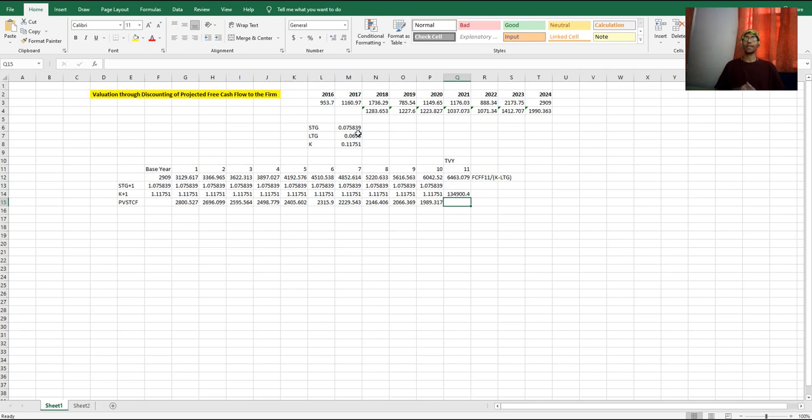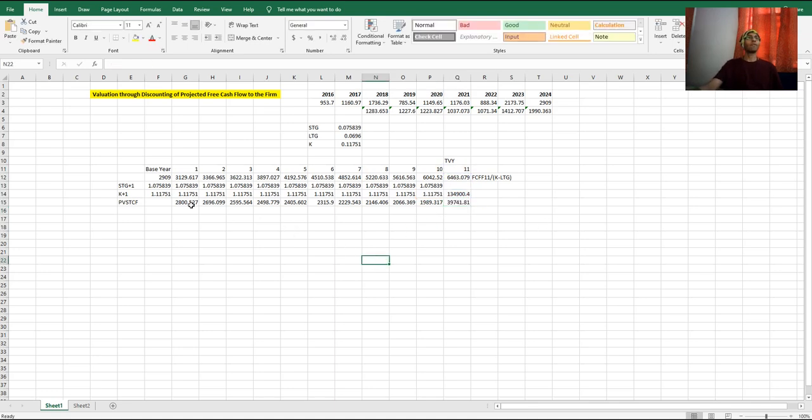Now we calculate our present value. How do I do that? Obviously, this is equal to the terminal value discounted for 11 years with respect to the cost of capital, divided by 1 plus cost of capital to the power 11.